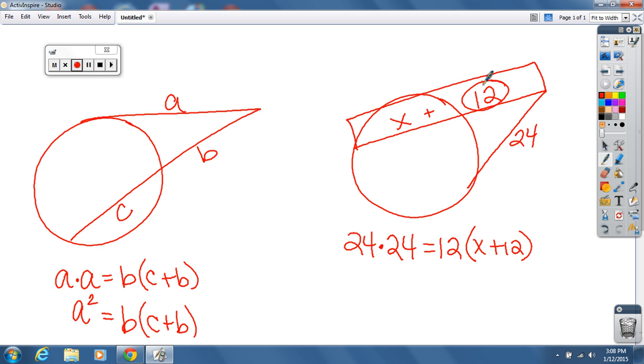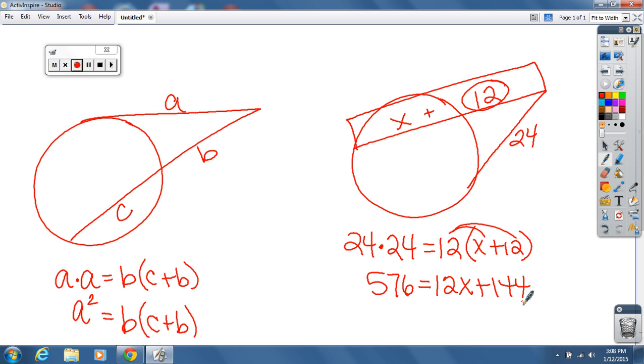Okay, so 24, why did I choose such big numbers? 24 times 24 is 576, which is equal to 12x plus 144, because I have to distribute and it has to go to both of them.